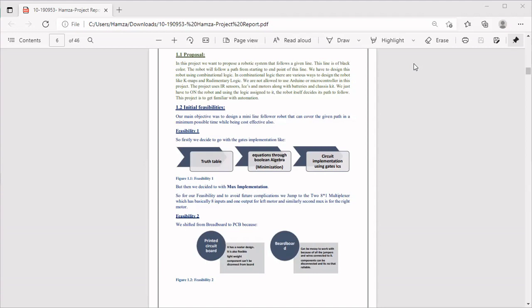Our instructor told us that before designing any circuit, we must draw a block diagram, its truth table, and then we have to simplify it through Boolean algebra and using different Boolean equations. And when we have a minimized Boolean equation, we have to implement it on Proteus and check its schematic to verify the truth table.